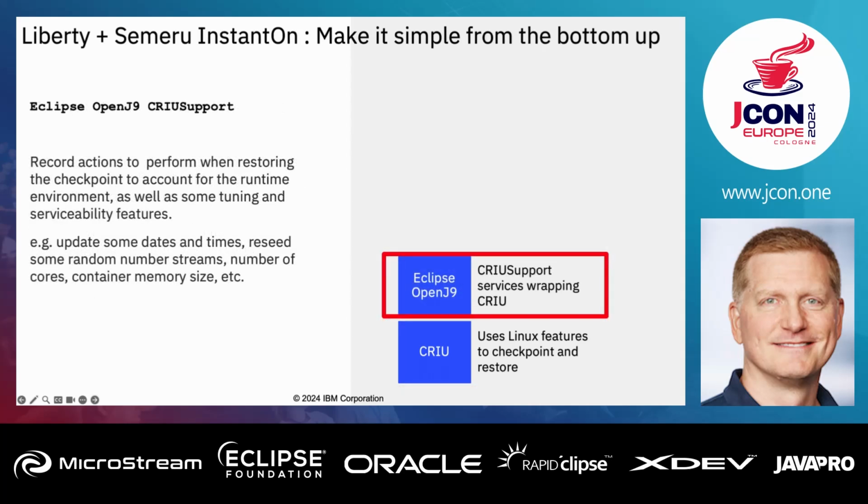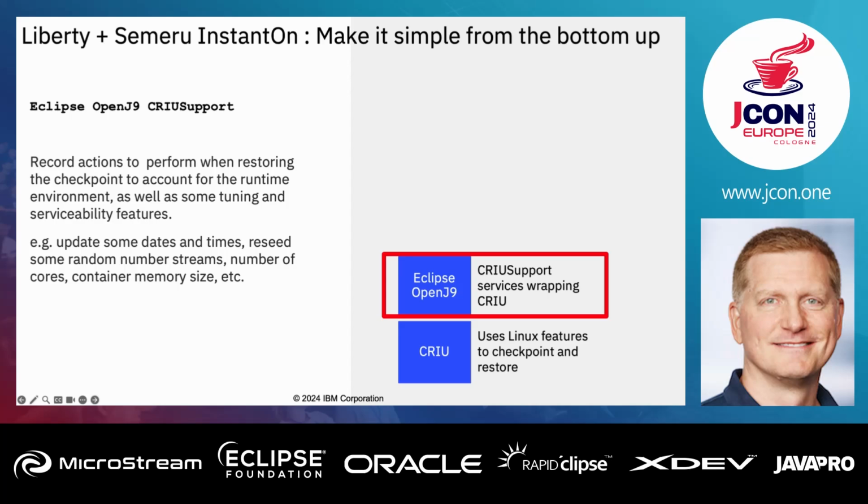Now above that, in the Eclipse OpenJ9 JVM, we've implemented a layer of support on top of CRIU, which provides some facilities for Java programs and the JDK itself to be able to register things that need to be updated when you restore in a different environment. And I'll talk a little bit more about some of the challenges that we have with trying to bring a snapshot back in an environment that wasn't the same one as it was created in.